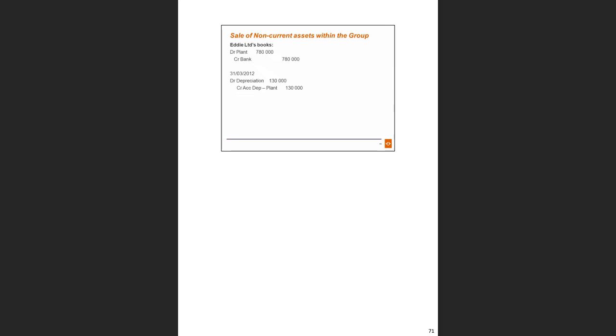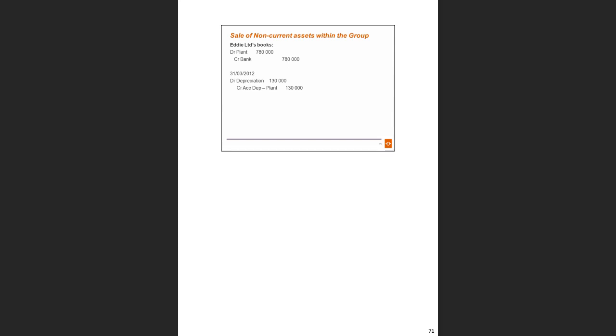And then in the books of Eddie, who now bought this plant, they recorded it as 780,000 Rand. So Eddie is going to debit plant 780,000 Rand, credit bank 780,000 Rand. Then Eddie will record depreciation based on the new useful life of 6 years.